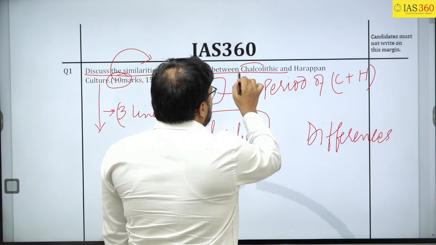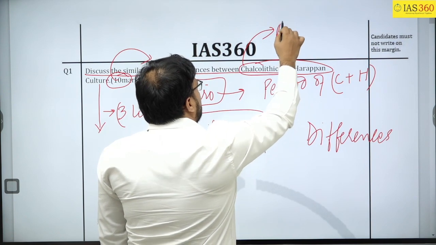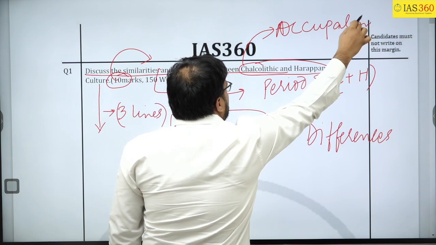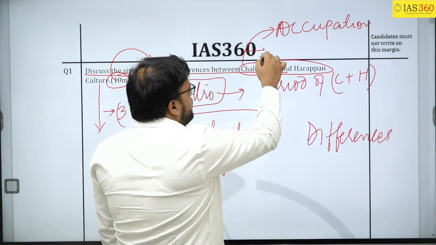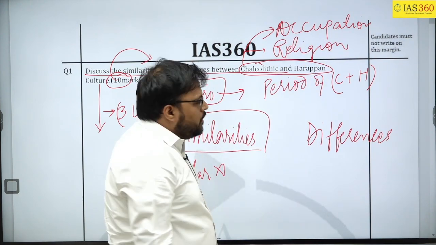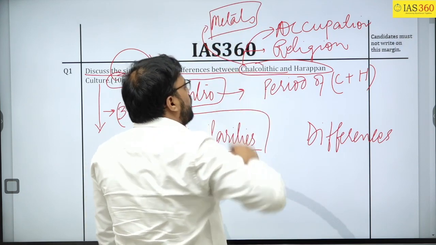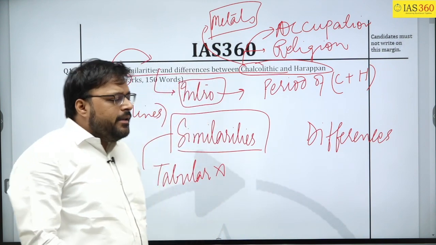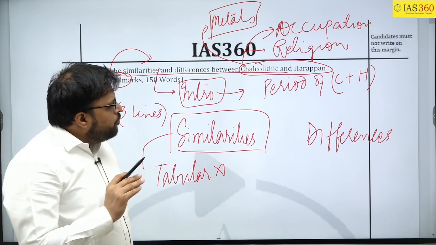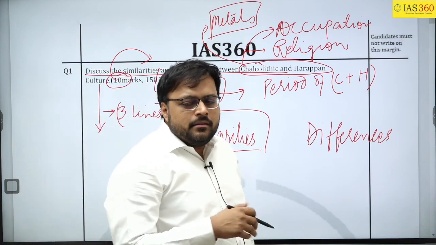Whenever we talk about the Chalcolithic and the Harappan period, similarities can be in terms of what kind of occupation they had, what kind of religion they followed, and whether they were aware of metals or not. So in the similarities you have to highlight the points. But in the differences, again, the same thing applies, about the metals and so on.